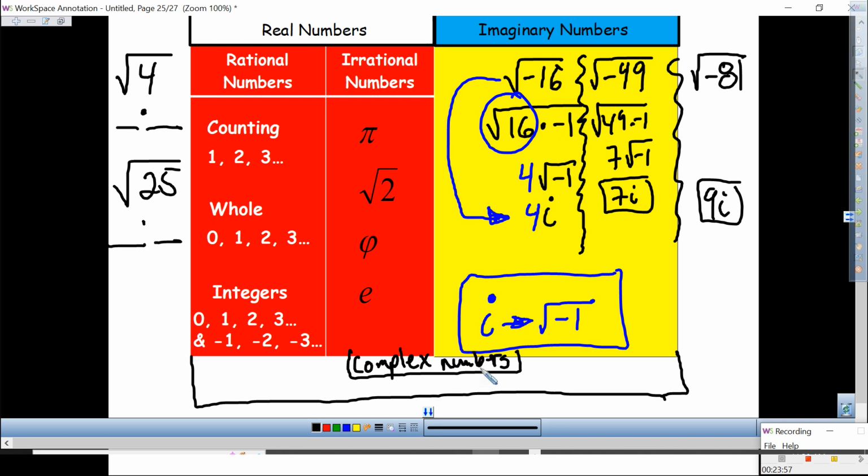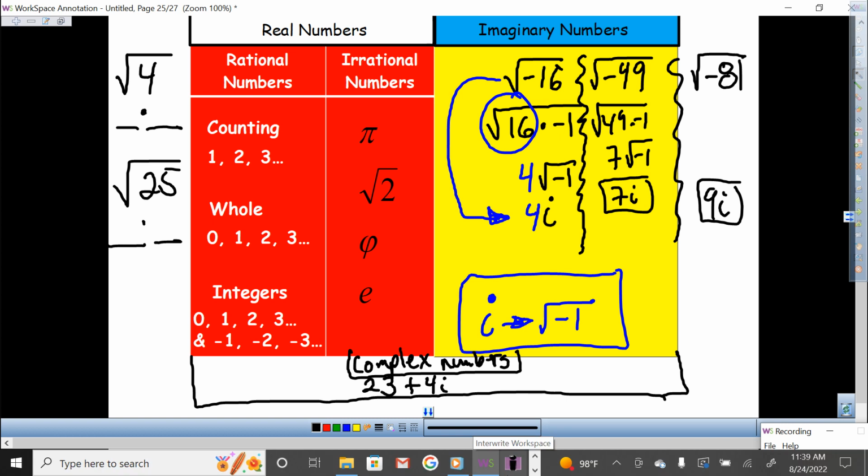Let me give you an example. If I was to write a number from my real side, what number do you think I would pick? 23, Michael Jordan. That is correct. Plus, I need one from the right side. I would say 4i. I just wrote a complex number.